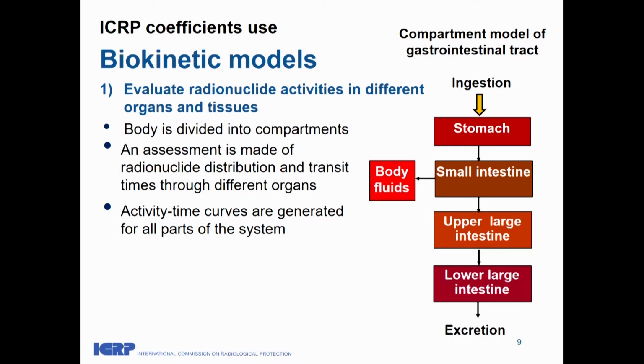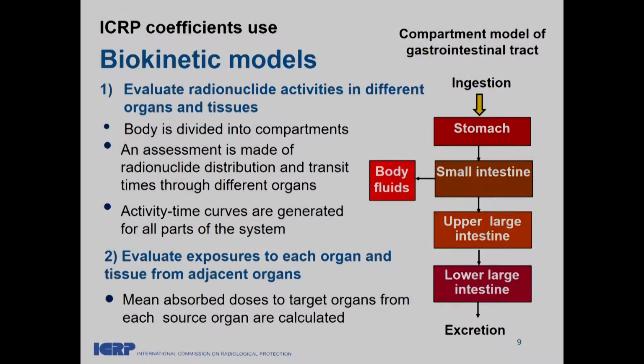And these use compartment models tracking the movement of radioactivity through the body, assessing how much is in the different components and how long it stays in each. So we generate activity time curves for all parts of the system.